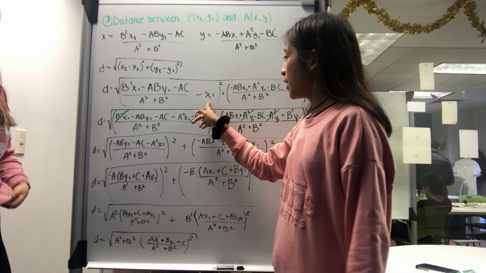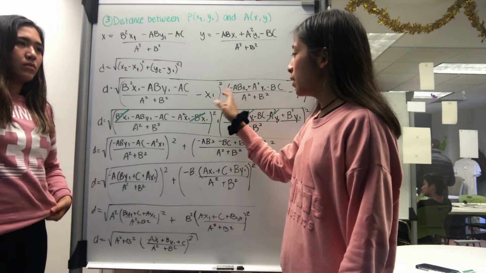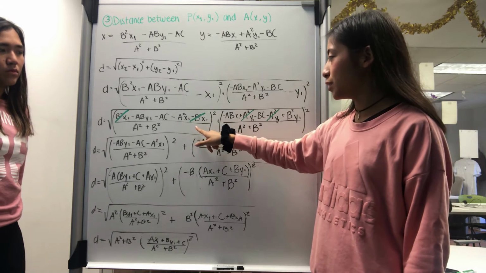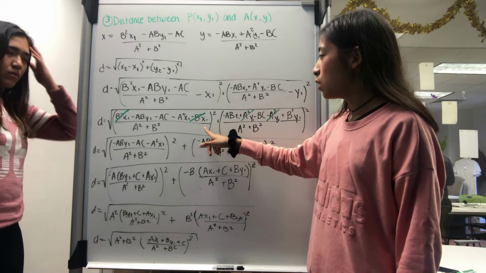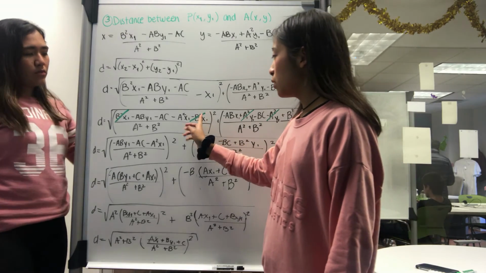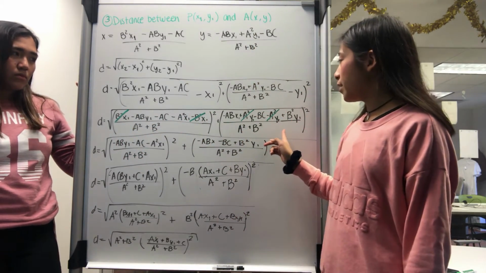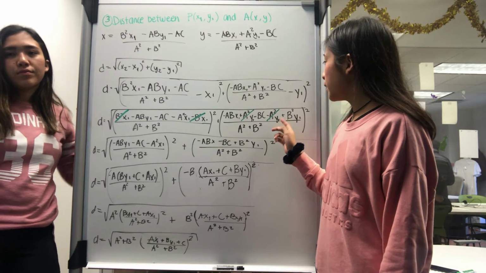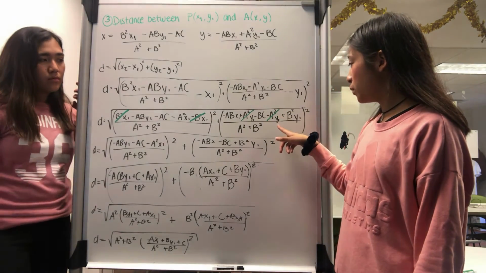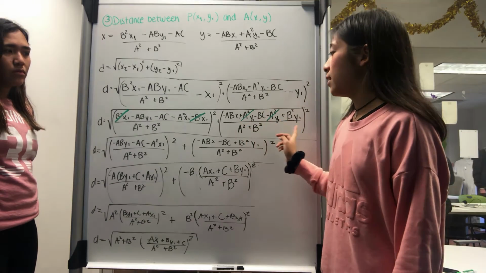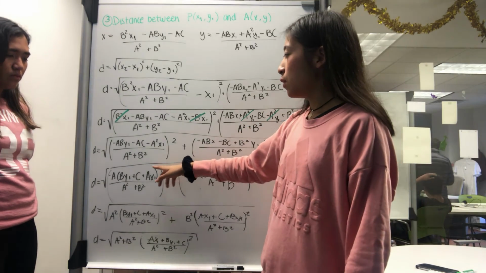Then when we solve the equation, x1 turns out to be minus a squared x1 minus b squared x1, so you can cancel the b's. And on the other side, the y1 turns out to be minus a squared y1 plus b squared y1, so you can cancel the a's, and it ends up like this.